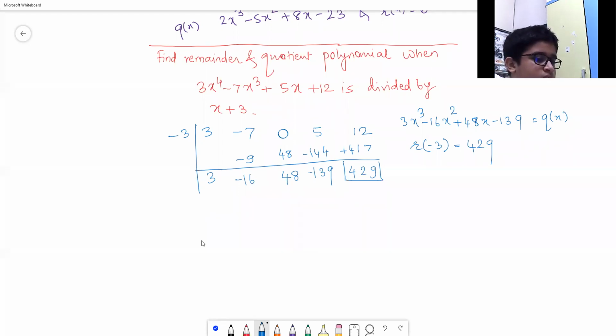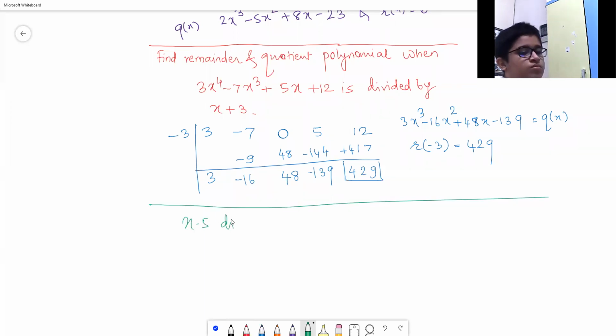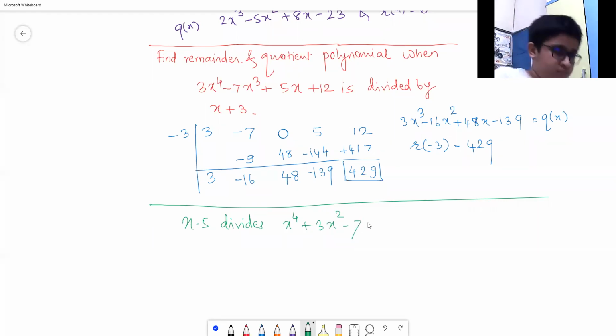Next problem. x minus 5 divides x raised to 4 plus 3x square minus 7x plus k.